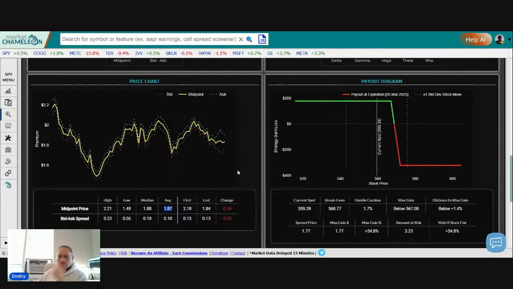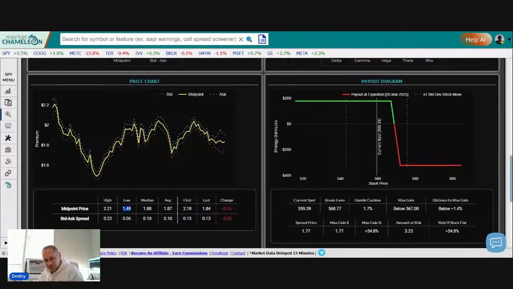So quickly, visually, we see that this spread moves around, right? Even in the one day that we charted here, we could go back further, it moves around. It's not something that sits at one price or moves up or down a penny. It has some volatility. Look at the range, from the high to the low, 2.21 to $1.49.